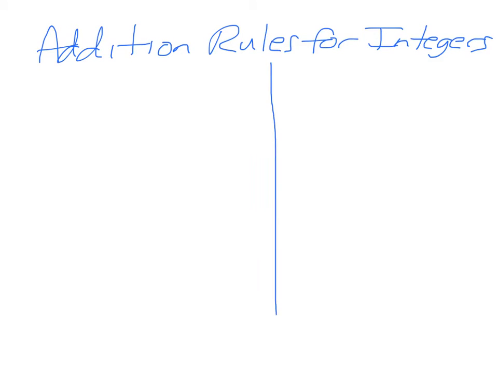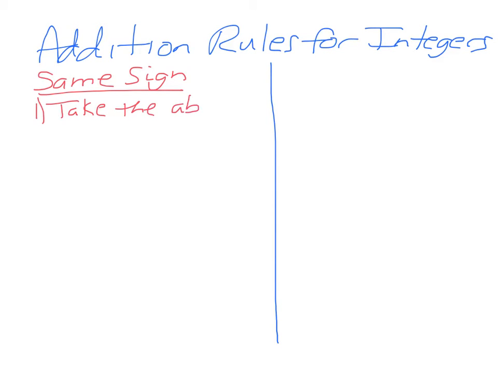Now, I'm going to make a line here because I want to compare, there's two situations that we have. Situation number one is if they have the same sign. And what I always do when I add integers, even with the same sign, is I take the absolute value, and I'm abbreviating absolute value there, of both numbers.